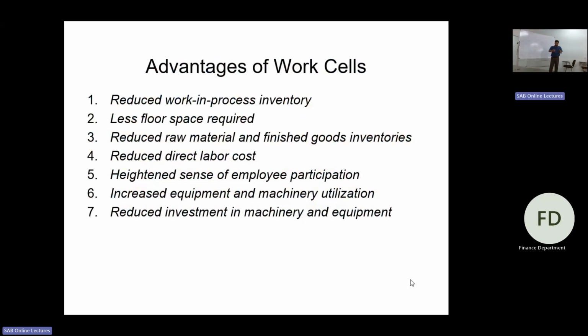We can maximize space utilization because the floor space required for each work cell is less. Those are operational advantages. We can reduce work inventories, raw material inventories as well as finished goods inventories by arranging it as a hybrid layout. And we reduce direct labor cost because workers will be used highly efficiently.